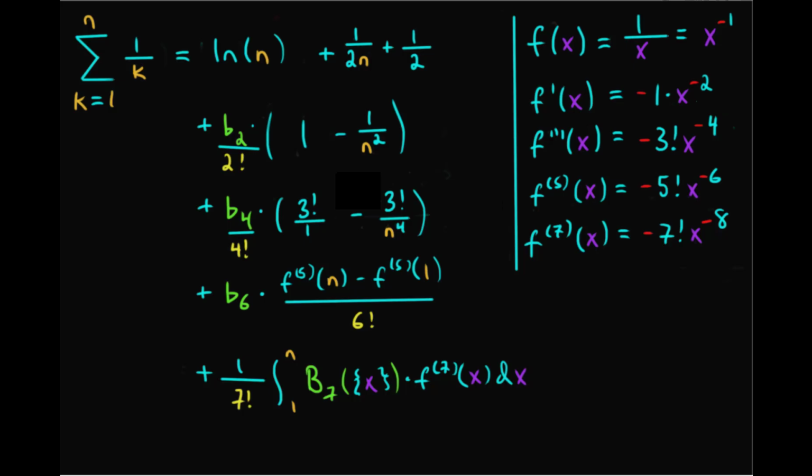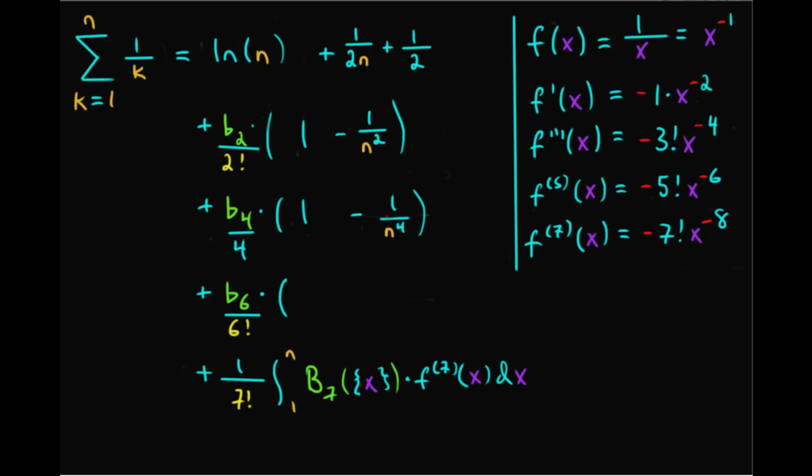But now I have a 3 factorial in the numerator of both of those terms in the parenthesis, and outside the parenthesis I have a 4 factorial in the denominator, so I can cancel out the 3 factorials and I'll end up with a 4 in the denominator, and so I'll have b sub 4 over 4 times the quantity 1 minus 1 over n to the fourth. And a similar pattern applies to the next correction term, where I have b sub 6 over 6 factorial times the quantity negative 5 factorial over n to the sixth minus negative 5 factorial over 1 to the sixth. This will become b sub 6 over 6 times 1 minus 1 over n to the sixth.